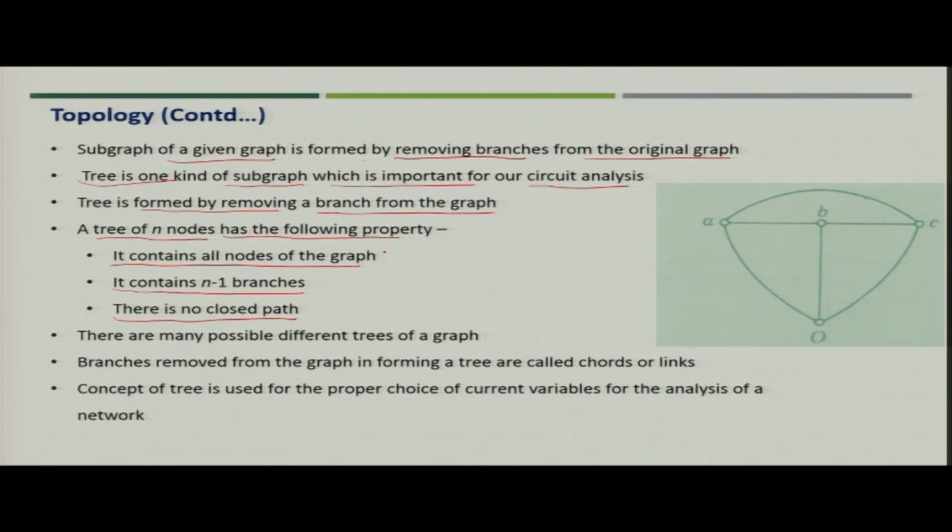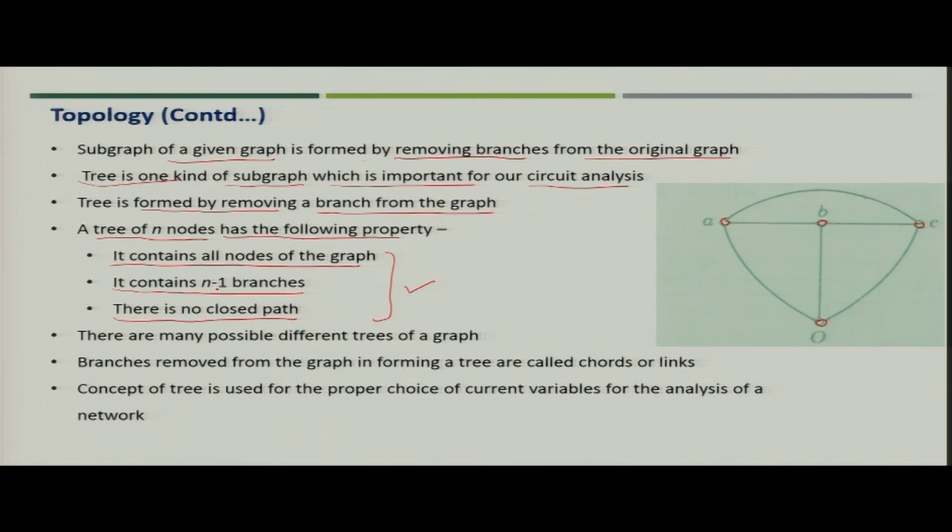So, these are the three major properties of a tree, and let us understand them from this figure. If you are asked to find a tree, then first it will contain all nodes. It means that nodes A, B, C and O should be part of the graph.